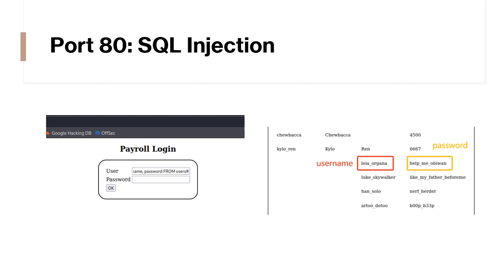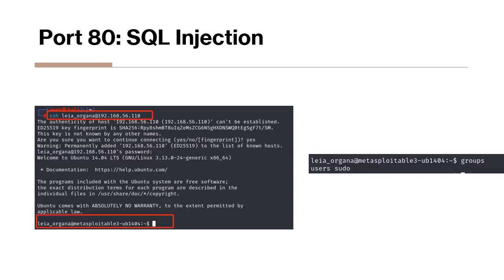So right now we know the username and password. We can gain some access using the username and password. So we can use the SSH command to gain the access. By using the username and password, we can log into that system.